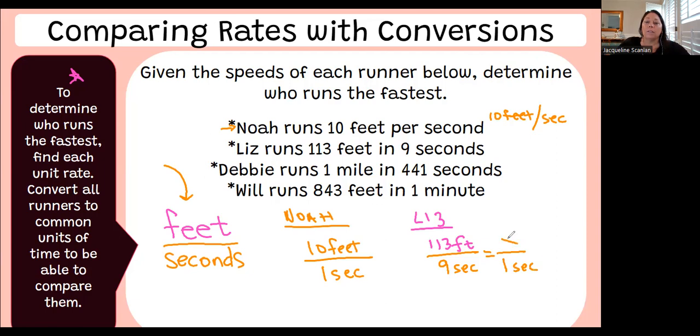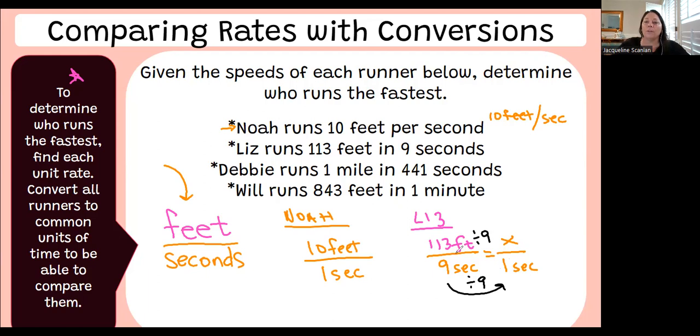So again, I can either do the proportion and use cross products, or I could say, how do I get from 9 to 1? And that's by dividing by 9. And then how do I get from 113 to my answer? Well, whatever I did at the bottom, I'm going to do to the top. So I'm going to take 113 and I'm going to divide it by 9.